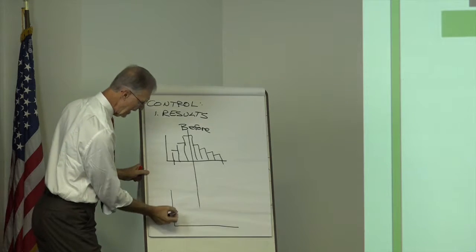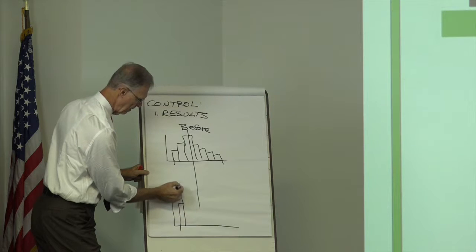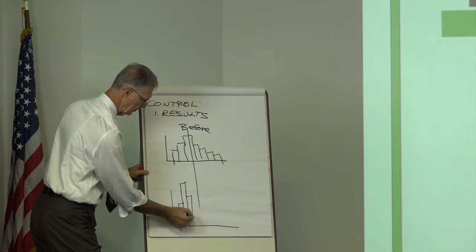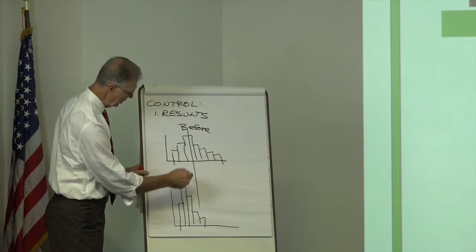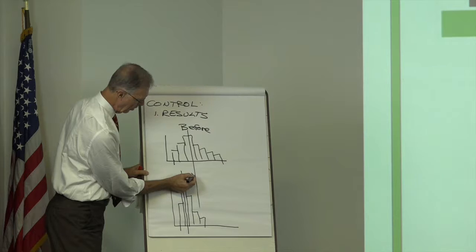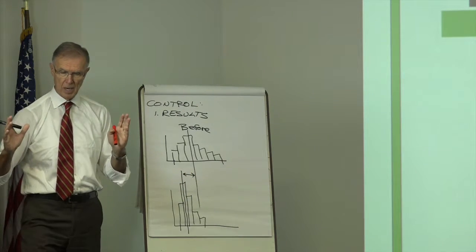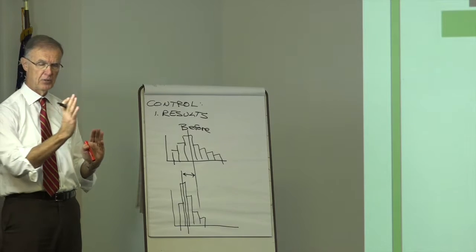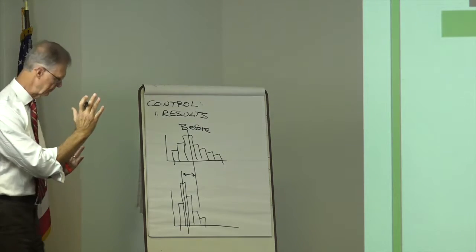Okay, so if we did an after histogram, it might look something like this. So here's the new average. So old average versus new average, we could see that the average actually shifted to the left because cycle time was reduced.